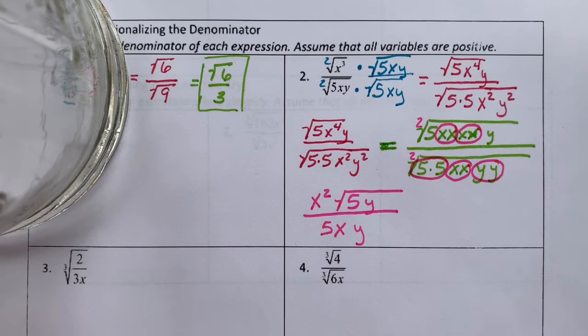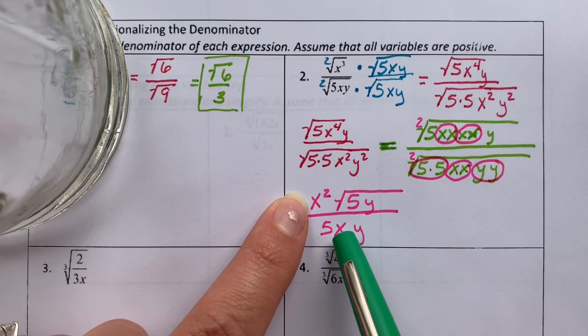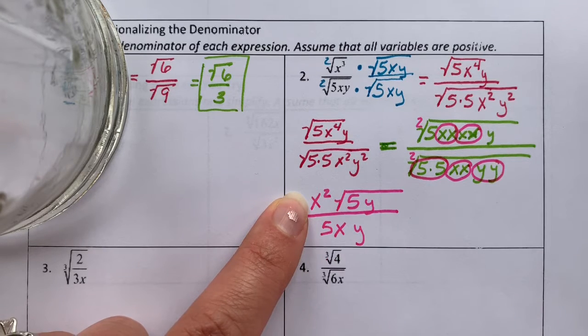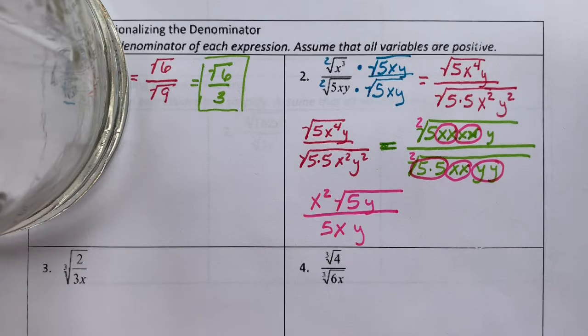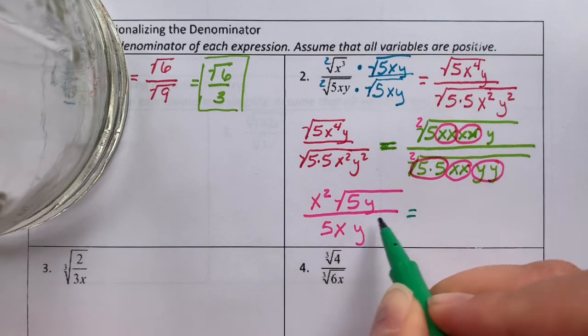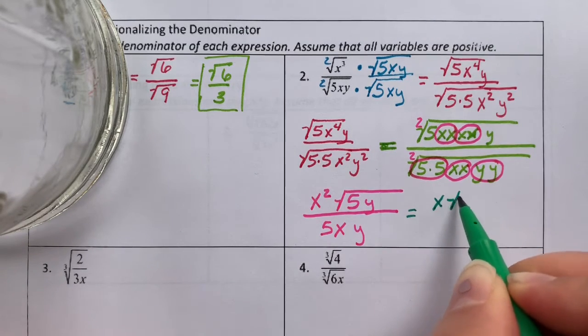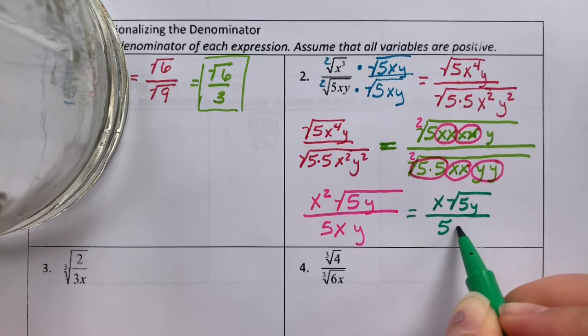So I have one more thing to do, and that would be that I have an x squared on the top and an x on the bottom. Remember, x squared means that I have two x's, so I have two x's up top and one x on the bottom, meaning I can take one of those out. So I would simplify that to x square root of 5y all over 5y.